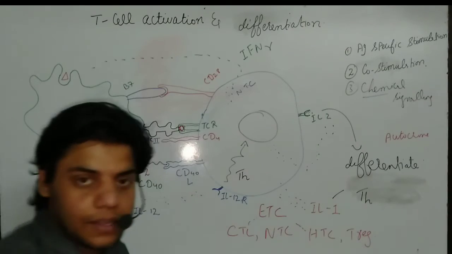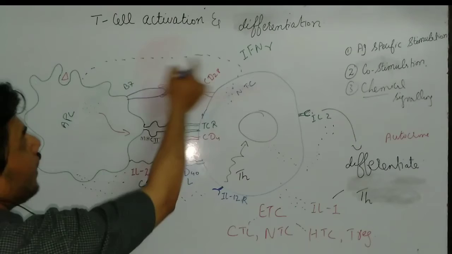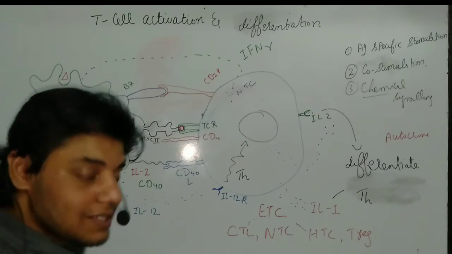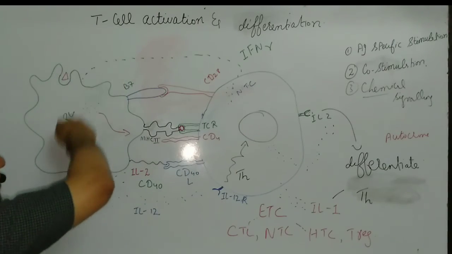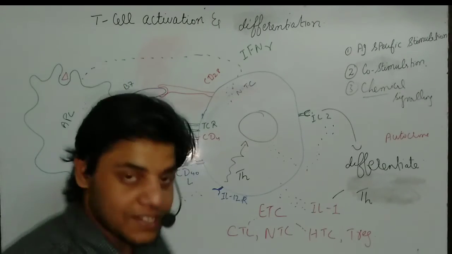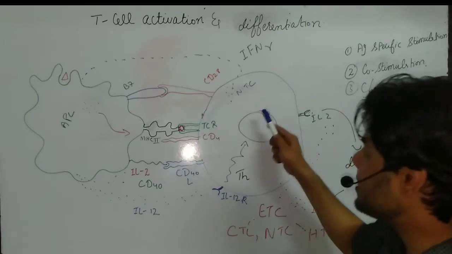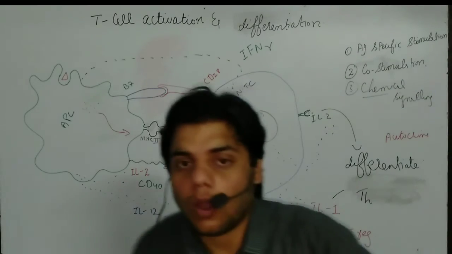Once these things are done, then the last step of the cell activation is the interferon, meaning these cytokines are released. After these cytokines are released, they will pass to this antigen presenting cell, and they will tell the antigen presenting cell that I am activated and now I am ready for my function, for my job.